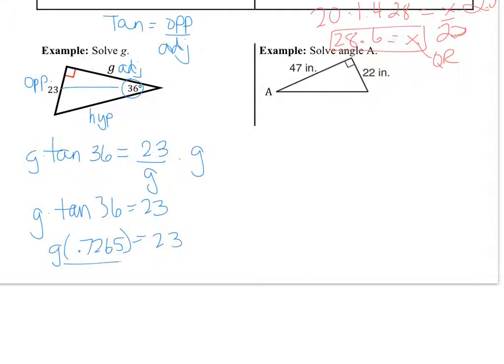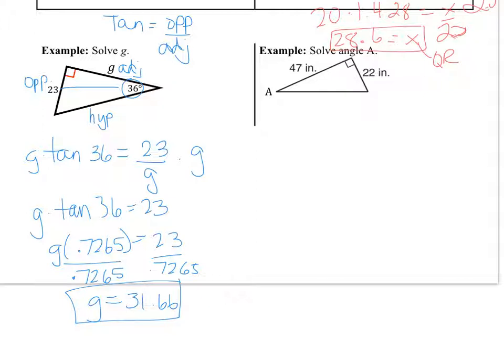Solving for G then, I'm going to divide both sides by 0.7265, so I've got G is equal to 31.66. That was setting up the ratio, opposite over adjacent, and then using our algebra to solve.